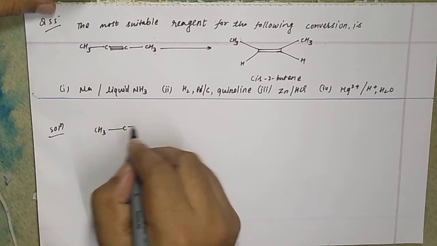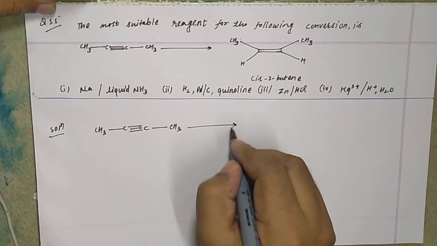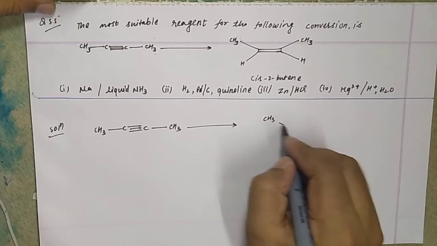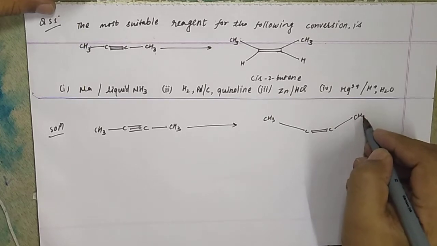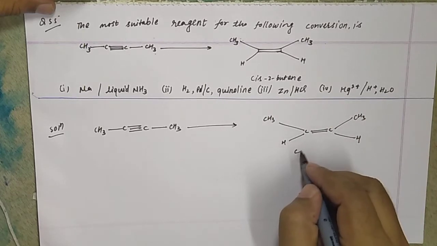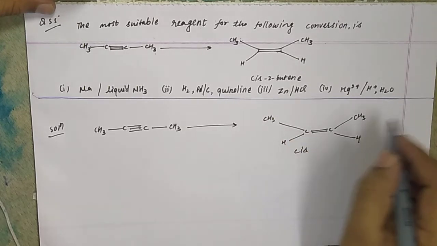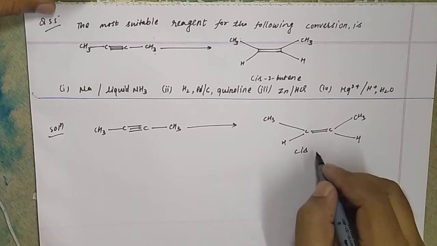CH3 C triple bond C CH3, if you add hydrogen, it will give CH3 C double bond C, here is CH3, here is H, here is H. This is cis. Why cis? Both methyl groups are on the same side, both hydrogens are on the same side.